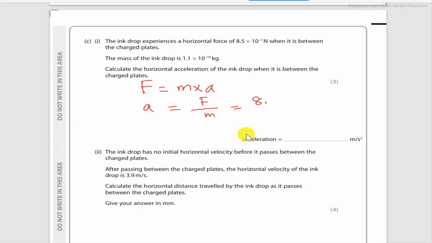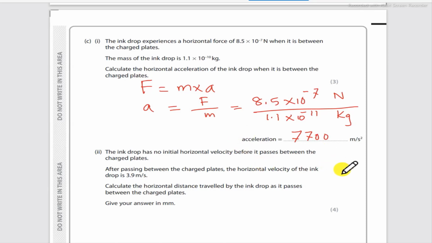Here force 8.5 10 to the power minus 7 and mass of the ink drop is 1.1 10 to the power minus 10. It's Newton and it's kg. So answer is 7,700 meter per second square. So acceleration of the ink drop will be 7,700 meter per second square.